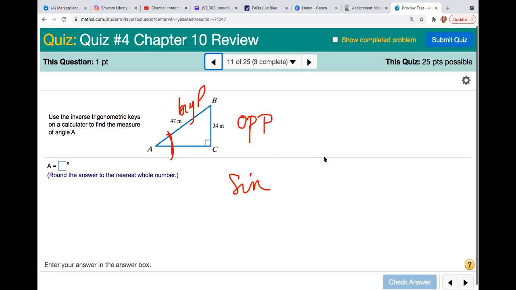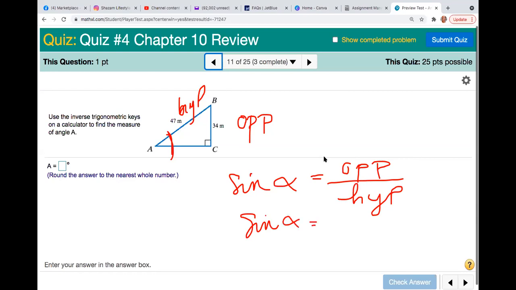Now, I want you to look at your problem and see if it is similar to mine, so that when we do the setup, you can actually do yours. Sine of the angle is equal to the opposite over the hypotenuse. So for my problem, it's sine of the angle, which we don't know, equal to 34 over 47.